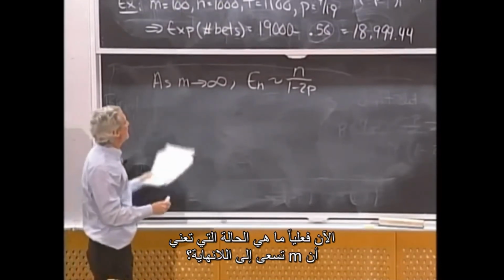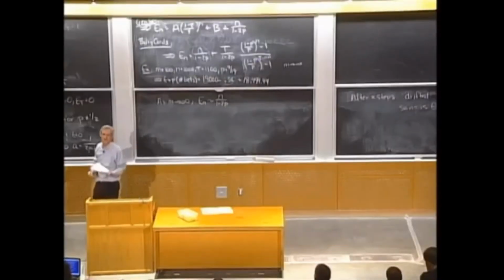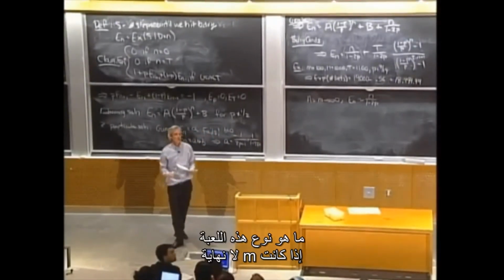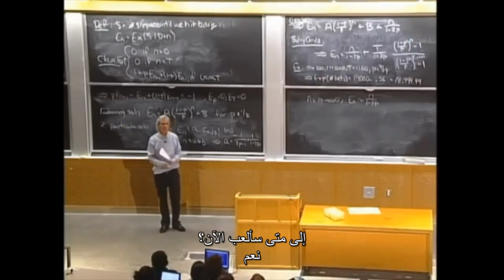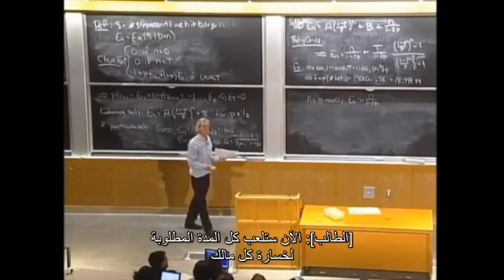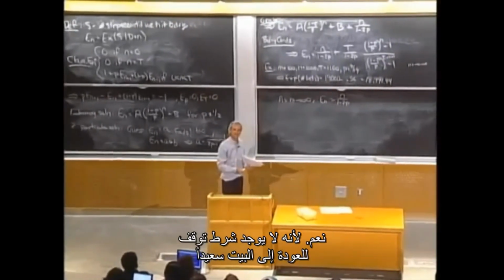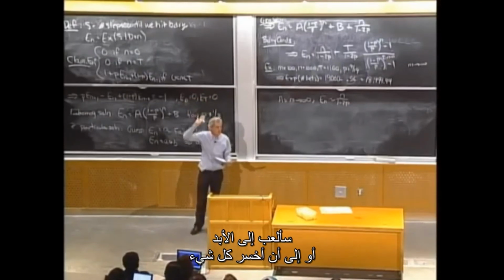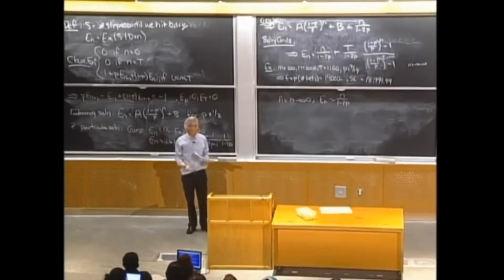Now, actually, what situation in words does m going to infinity mean? Say I set m to be infinity. What is that kind of game? How long am I playing now? Yeah? Now you're playing for as long as it takes you to lose all of your money. Yes. All right, because there is no stopping condition up here going home happy. I'm going to play forever or until I lose everything.